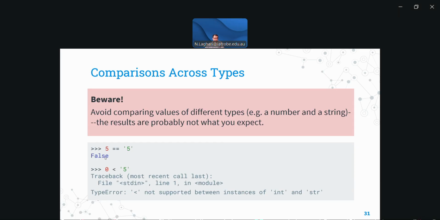But here we tried comparing 0 with a string using the less than operator, and it gives us an error. So when making comparisons, we need to be careful about what data types we compare and for what purposes. This is one thing to keep in mind.